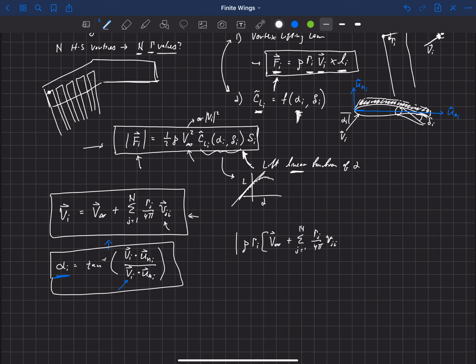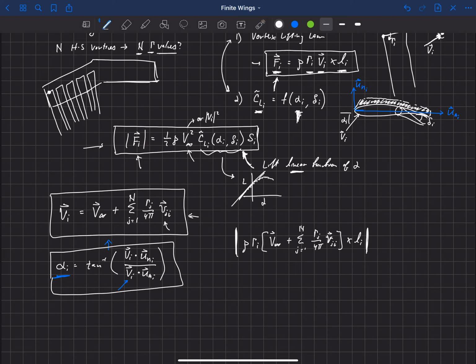That's that influence matrix again, or influence vector. And then we've got this cross L sub I, and we close our magnitude here. That's the magnitude of the force. And then that's equal to, and I'm going to move this stuff over to the left-hand side.